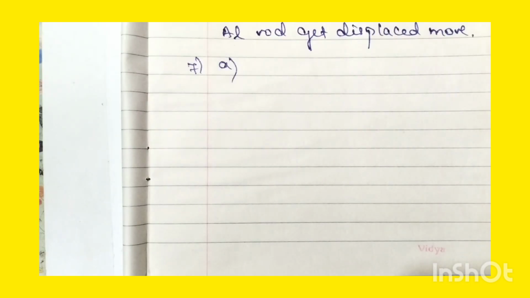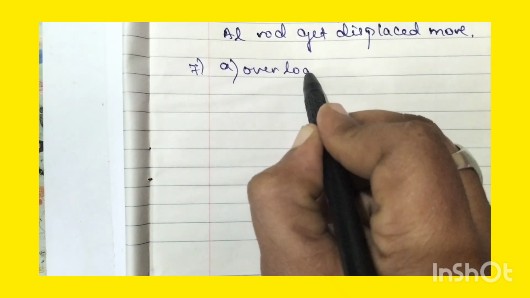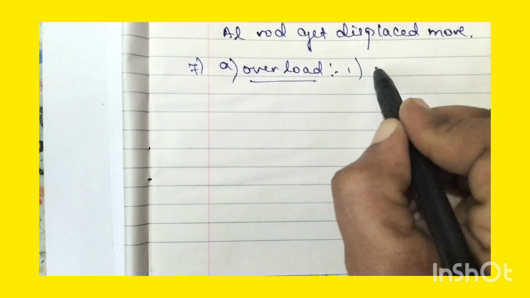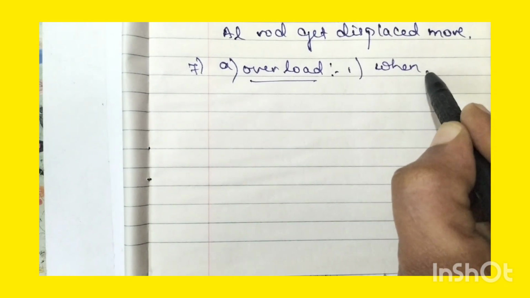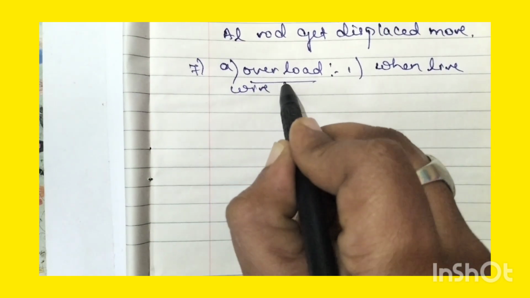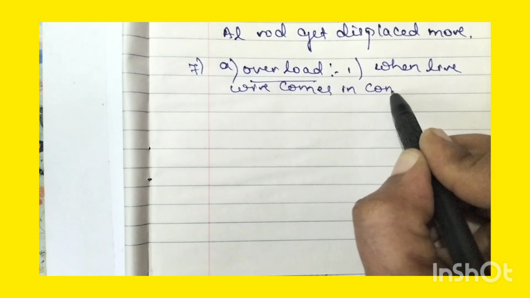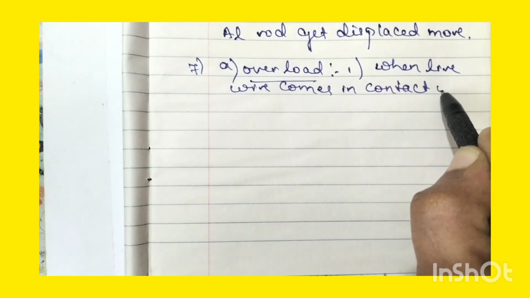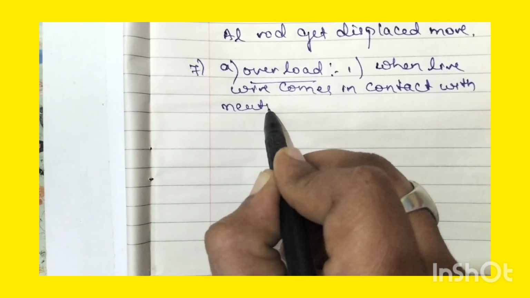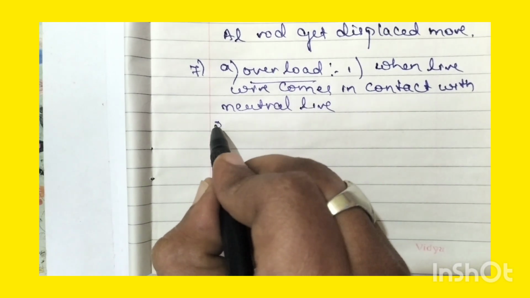So now let us write how the overload occurs. Overload occurs, first, when the live wire comes in contact with the neutral wire. This is the first cause.